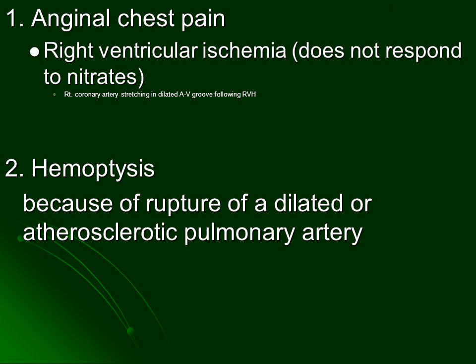Anginal chest pain due to right ventricular ischemia, which does not respond to nitrates, from right coronary artery stretching and dilated AV groove following RVH. 2. Hemoptysis because of rupture of a dilated or atherosclerotic pulmonary artery.